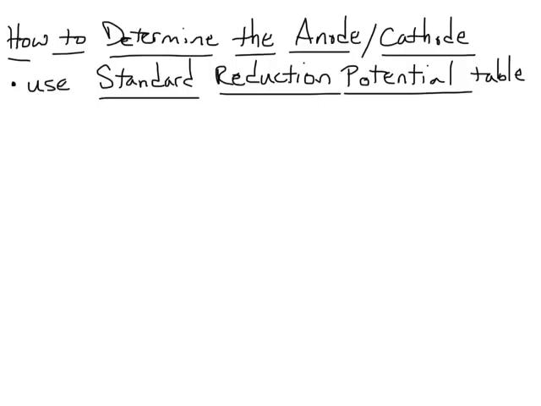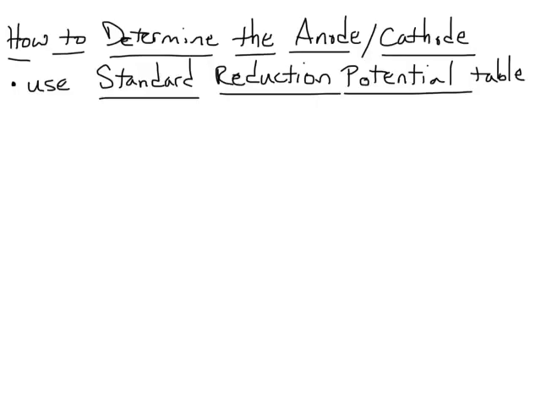Standard reduction potential table. This is something you're going to want to have access to and be able to use for lots of questions in electrochemistry. This is actually one of the things you get on the AP exam. So just like your periodic table and your equation sheet, you're going to get this table.